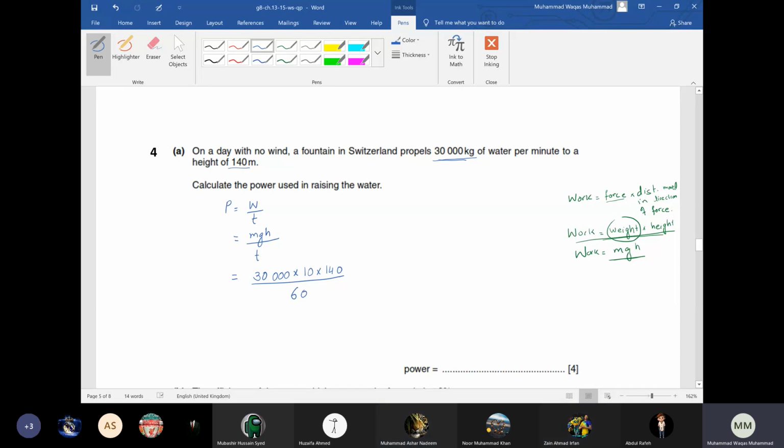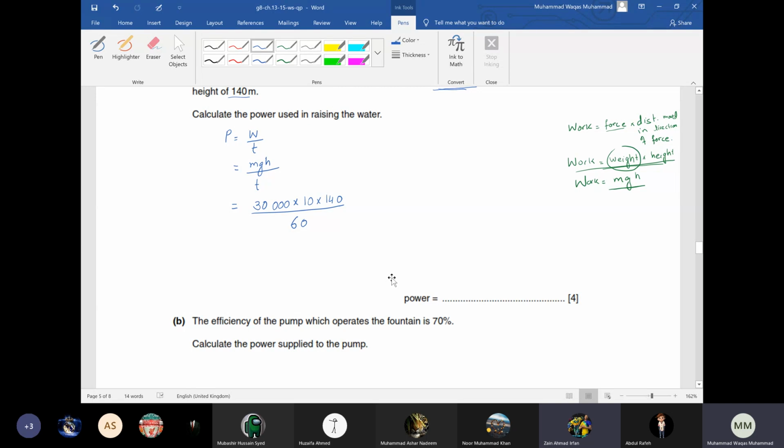Now simplify this, see what answer you get. 700,000 watts, right? Or beta, you can write in standard form 7.0 times 10 to the power 5 watts. Got it, beta? Yes.